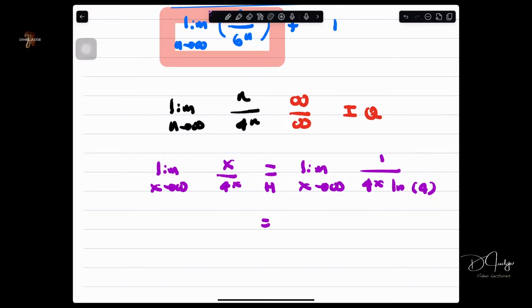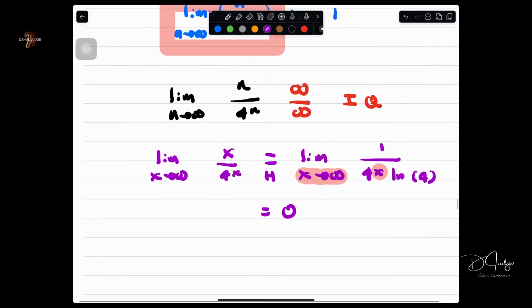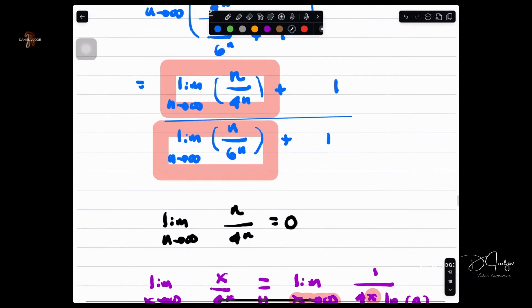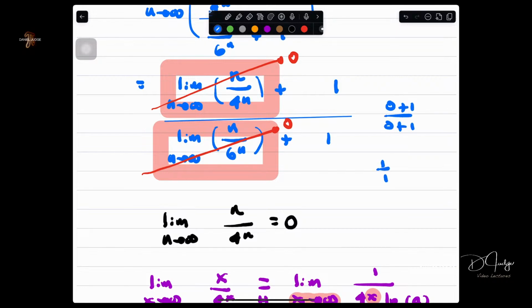So this means that the limit is going to be, since the variable here is going to infinity and natural log 4 is a constant, this limit equals 0. That's saying that the limit here is also 0. So we have this limit being 0, this limit being 0, and we get 0 plus 1 over 0 plus 1, 1 over 1. The limit again is 1.